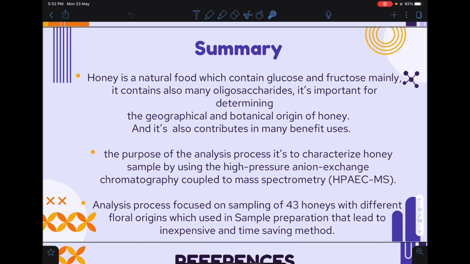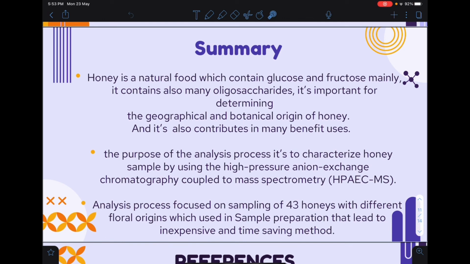Honey is a natural food of which 65 to 85% is mainly glucose and fructose, along with diverse types of oligosaccharides, which are important in determining the geographical and phytic origins of the honey. It also contributes to many beneficial uses, such as being an antibacterial, or a sweet compound in nature or in the wild.